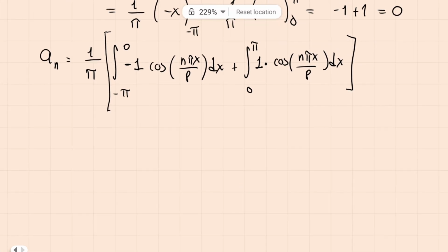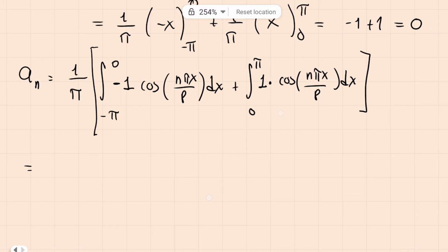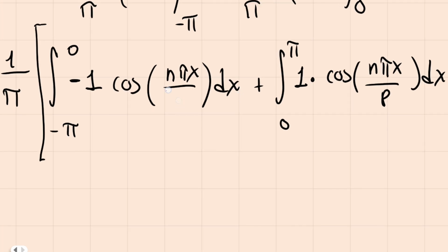Perfect. Remember that these p's are pi, so looking that we have pi divided by pi, we just get a cosine of n times x.